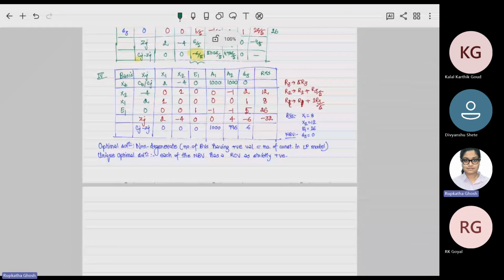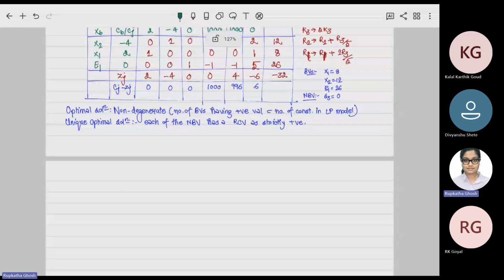You can also see that S3 is 0. That means both the constraints 2 and 3 are binding. Why so? Because left hand side is equal to right hand side. 2 I showed you. Third one, S3 is 0. Whereas the first constraint is non-binding.